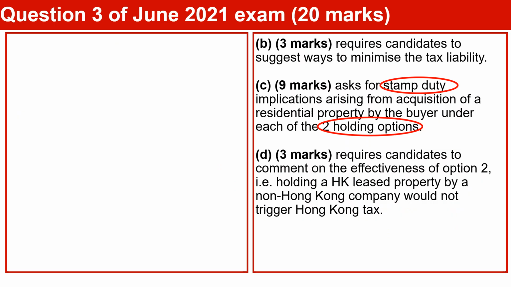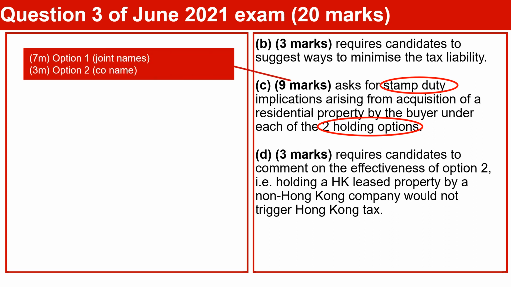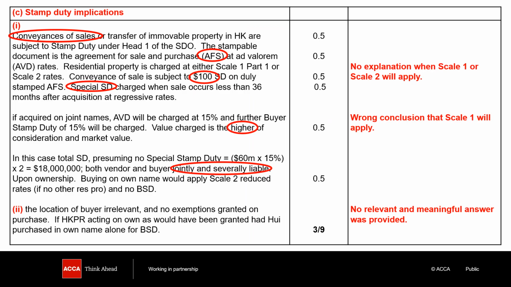Part C of 9 marks asks for stamp duty implications under each of the 2 holding options. This candidate was able to gain some marks on the key points which were circled in red here, but still the answer was not comprehensive enough.